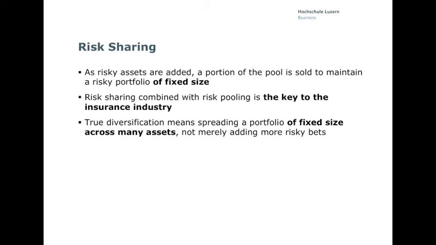By enabling investors to combine risk sharing with risk pooling, capital markets allow firms to engage in risky projects without imposing undue risk on their shareholders, and in this way facilitate the collective economy's ability to undertake large, possibly risky ventures.